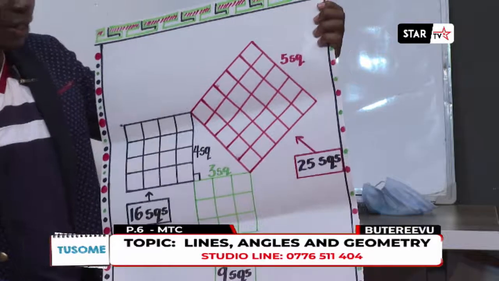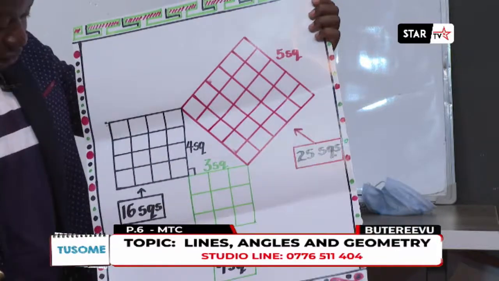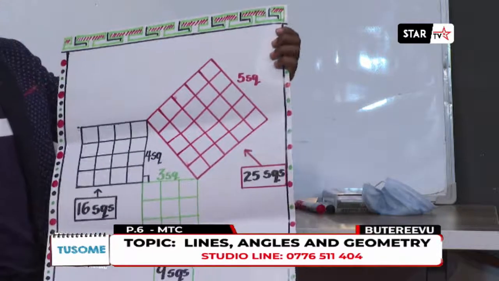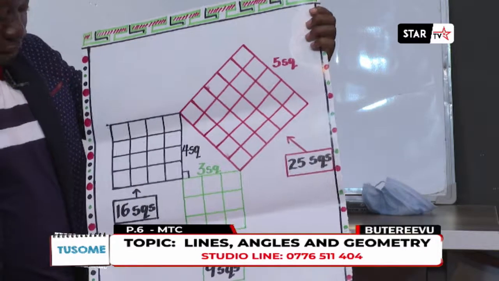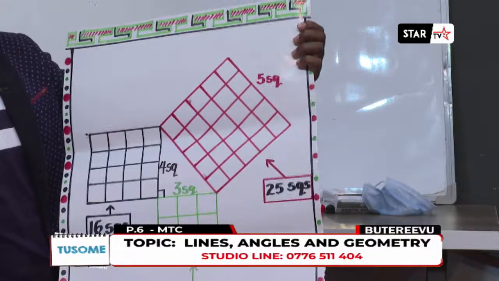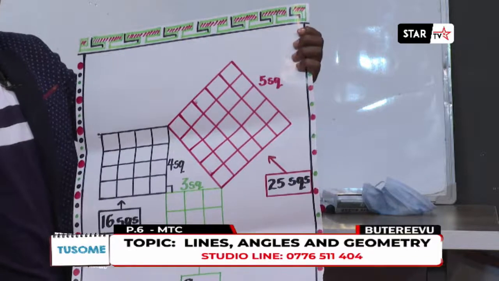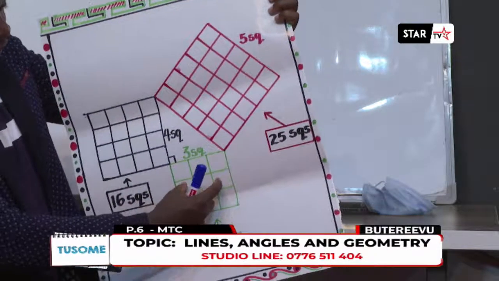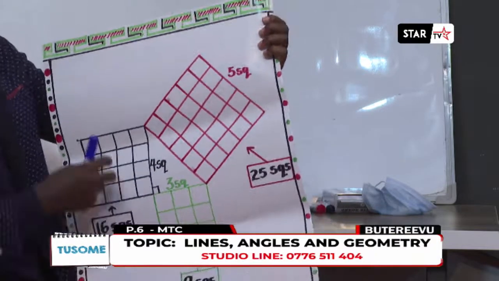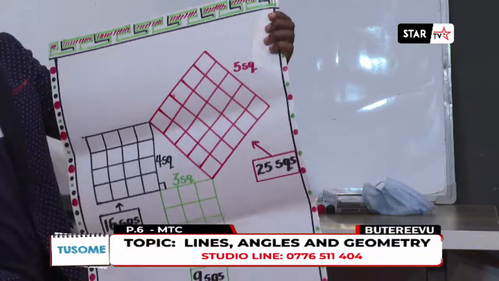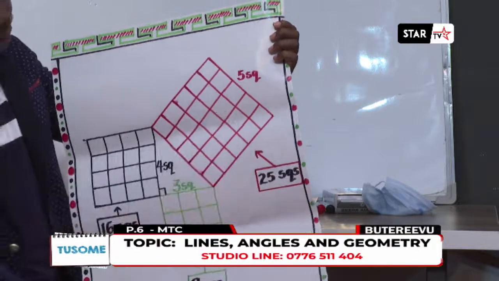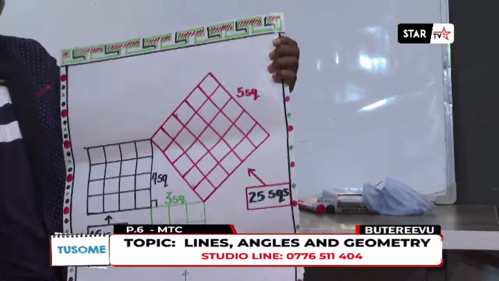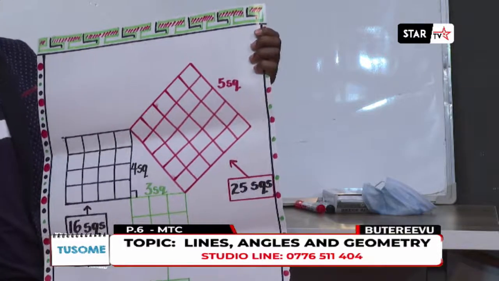Quickly find me the sum of 16 and 9. Wow, that sum is 25. After obtaining the 9 squares down and the 16 squares onto the height, the other slanting side has given us 25 squares.